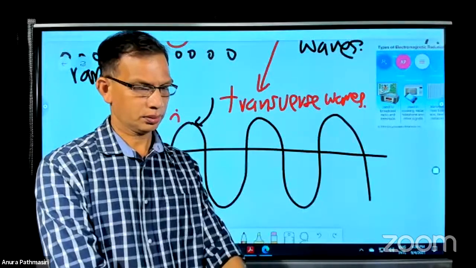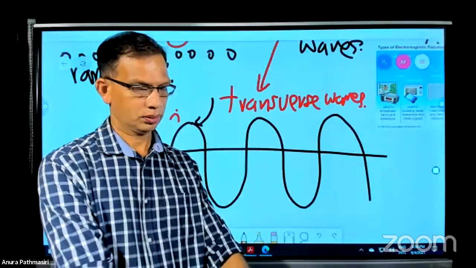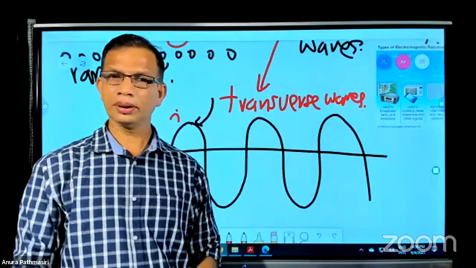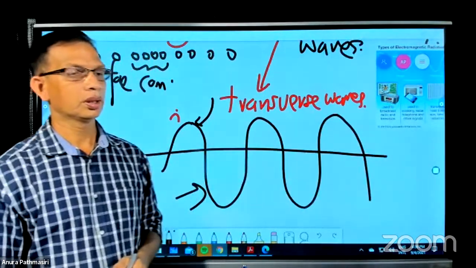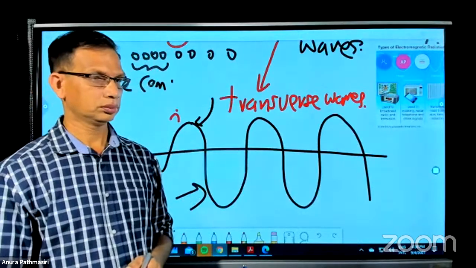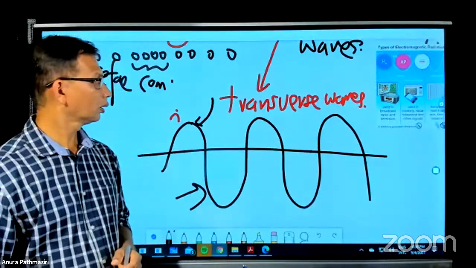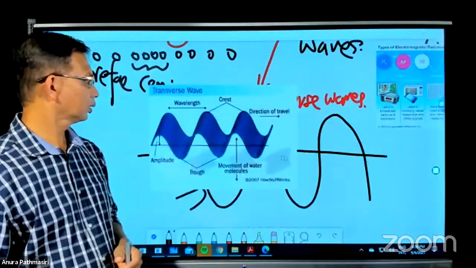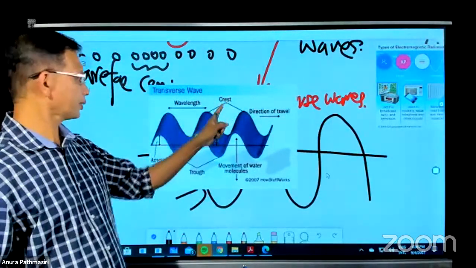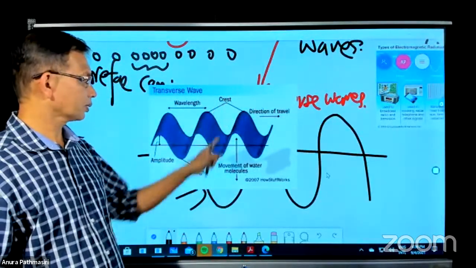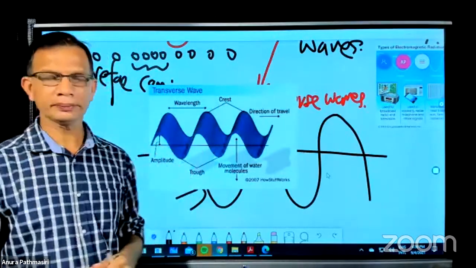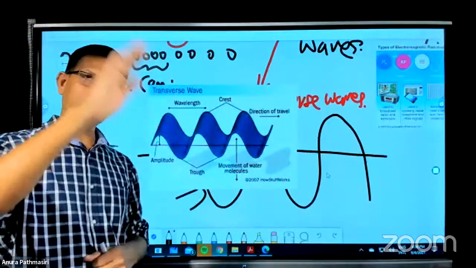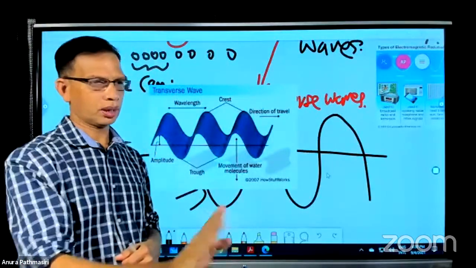Boys? Which one and which one? I'm not going to tell you. Crest and? You got crests and then you got troughs. They make crests and they make troughs.